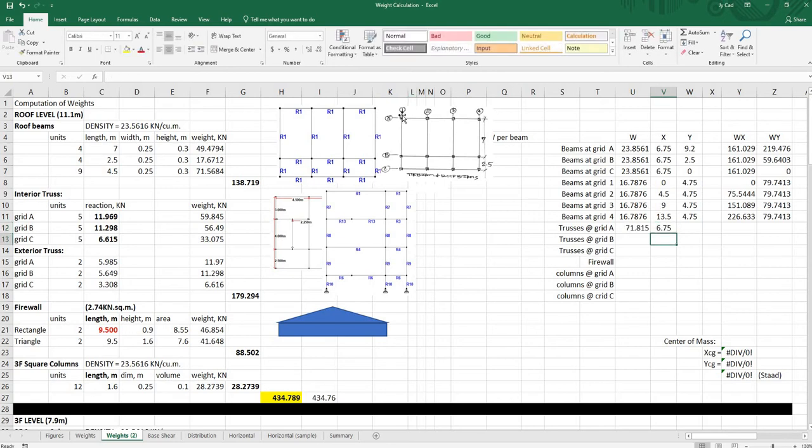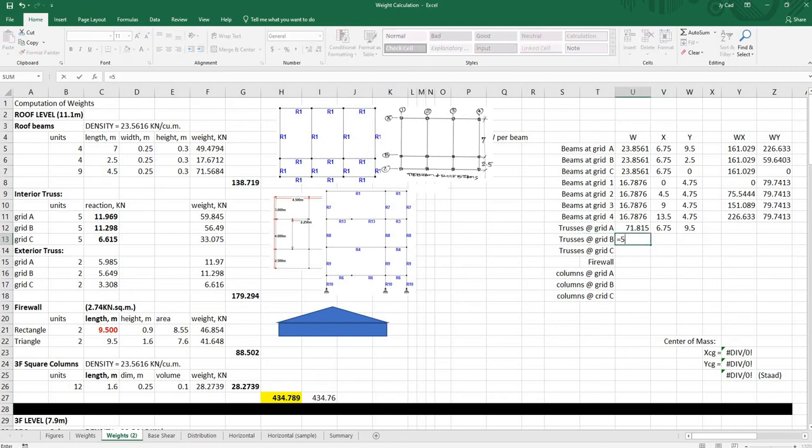So, inassume natin na ang centroid nung pitong reactions would be at this point. Okay, sa gitna, or that is between grid 2 and 3. And then Y would be 9 point, that would be 7 plus 2.5. Okay, beams at grid A, correct ko lang ito. This should be 9.5.